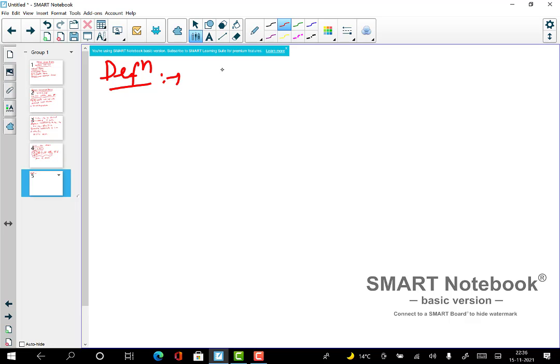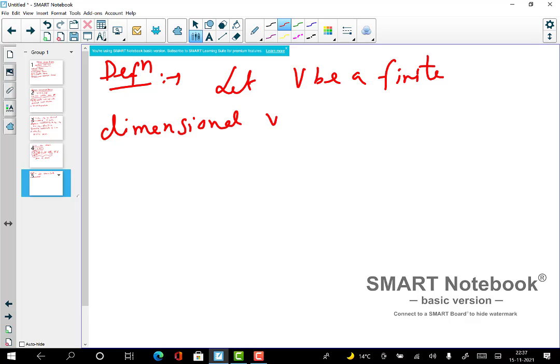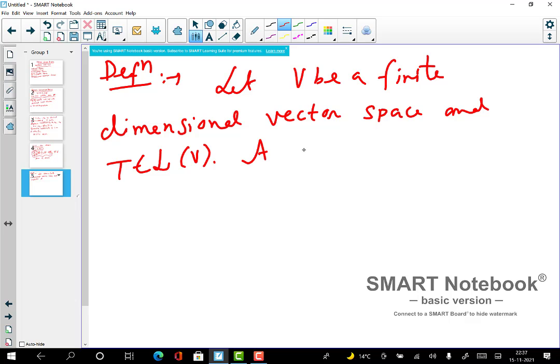So I am assuming that this is all finite dimensional, otherwise there is no meaning, right? So let V be a finite dimensional vector space, and you have a linear operator T on V. A non-zero vector, like eigenvectors are always non-zero.